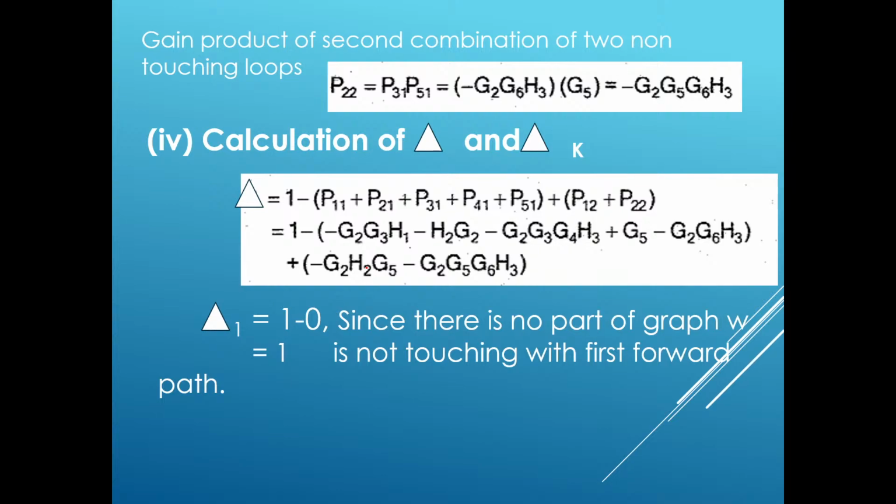So delta, what you are going to get here, is 1 plus G2 G3 H1 plus G2 H2 plus G2 G3 G4 H3 minus G5 plus G2 G6 H3 minus G2 H2 G5 minus G2 G5 G6 H3. It is not there on that slide, but I'm giving the next equation.